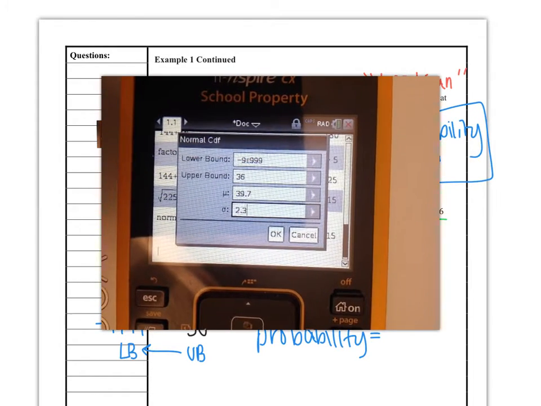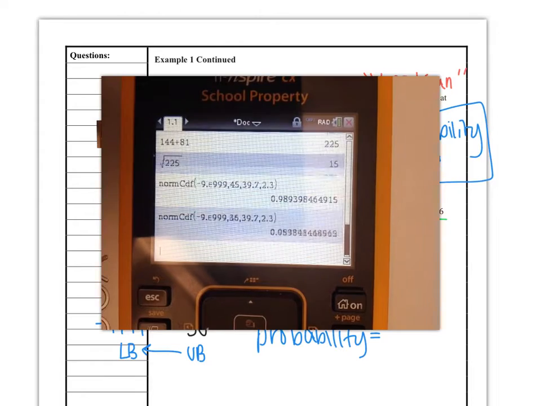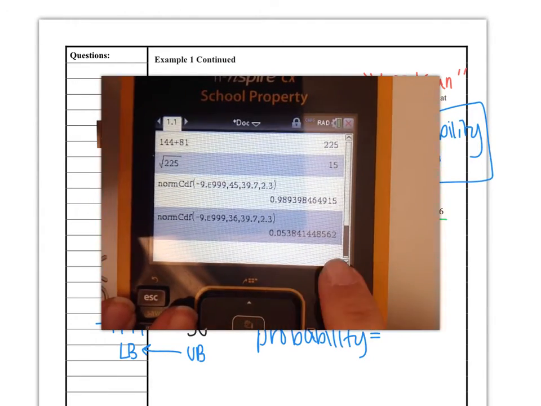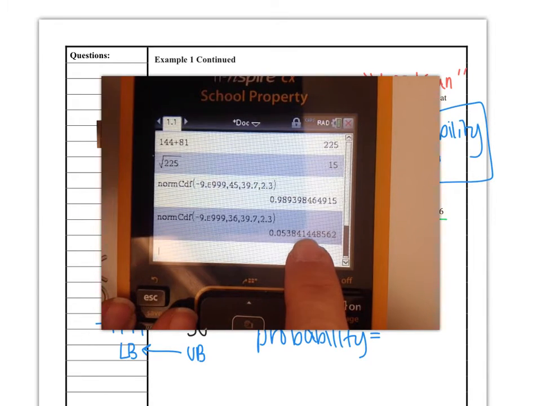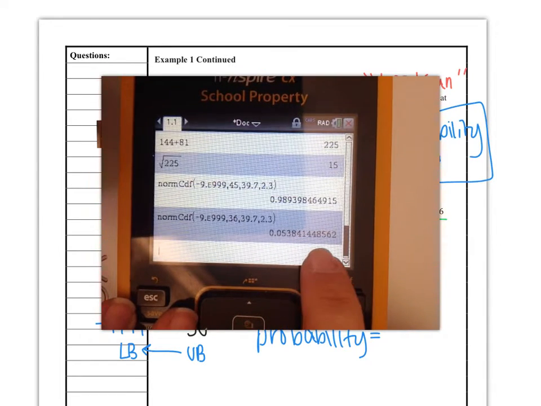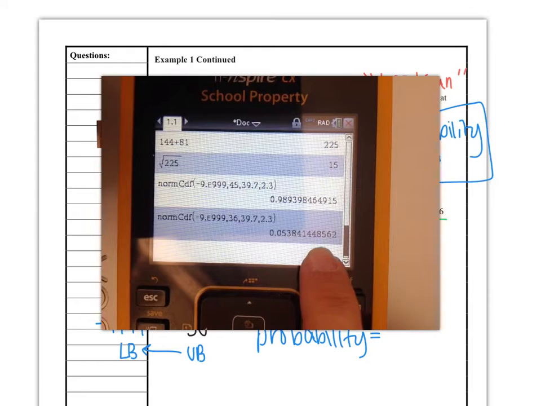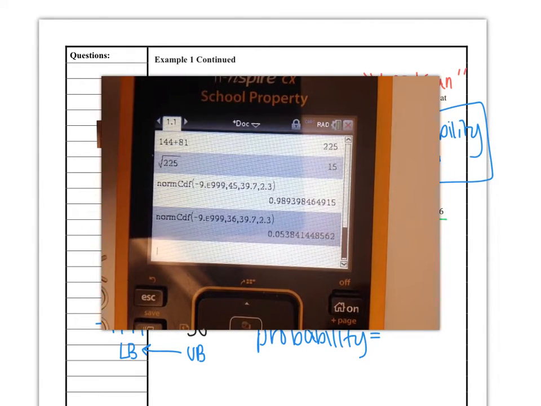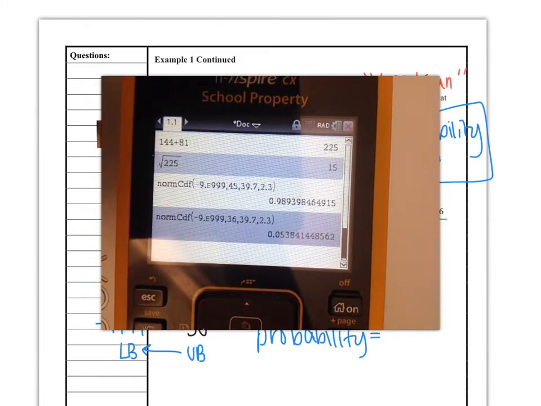Okay, so I've already got it all typed in, and I'm going to hit enter. And I'm actually not going to round this yet. I'm going to not write the whole thing, but I'm going to write 4 or 5 decimal places. Okay, so the probability that she finishes all of her races in under 36 seconds is 0.053814. Okay, I'm going to write that down.